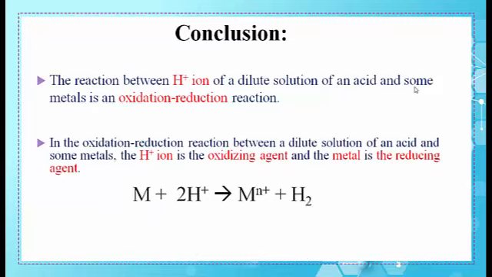In general, we can write the reaction between a metal and an acid, H+, gives a metal ion and hydrogen gas H2, where the metal is the reducing agent and H+, which is the acid, is the oxidizing agent.